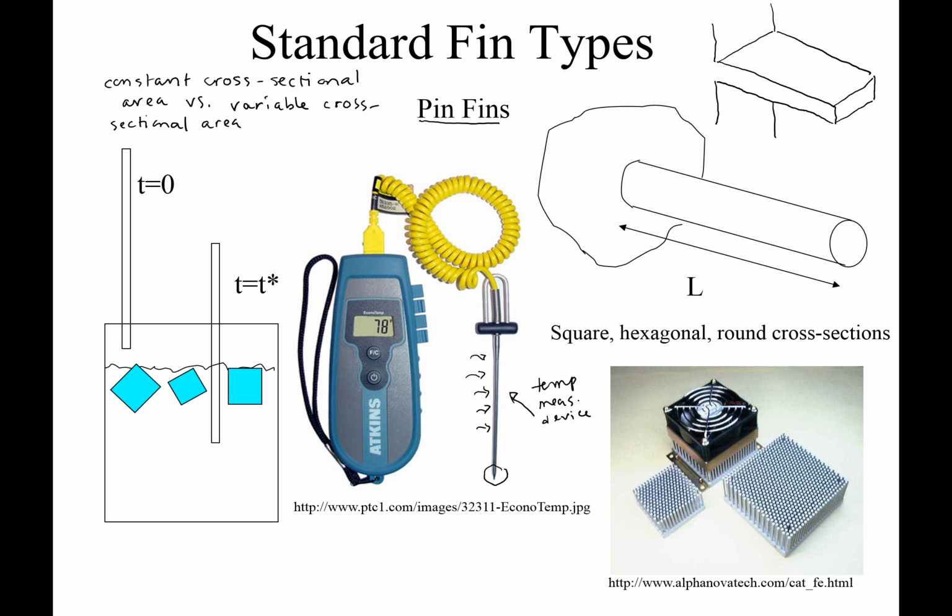And so imagine that you have one of these devices and then you insert it into, these are supposed to be blocks of ice in water, and you have air above, and the air, for example, might be at 20 degrees Celsius. The water is at 0 degrees Celsius.